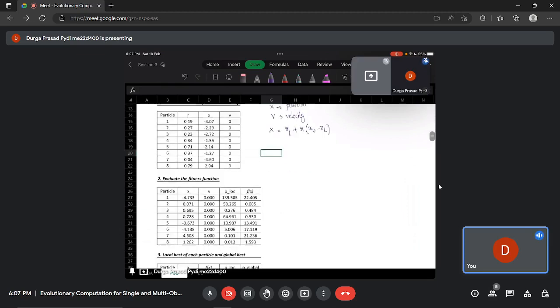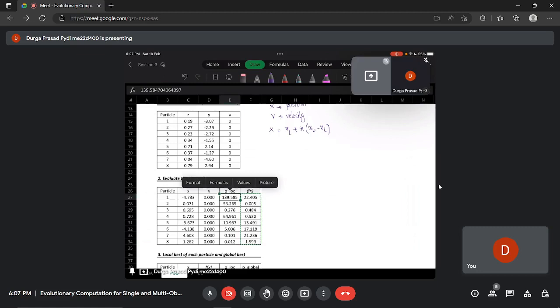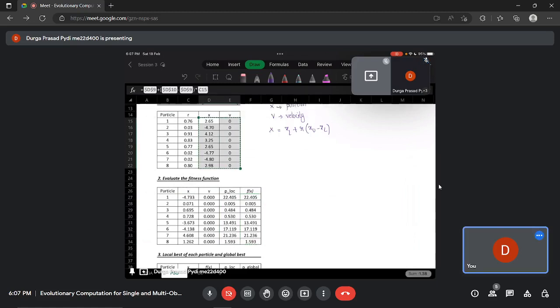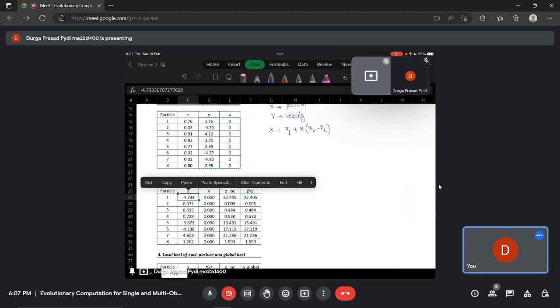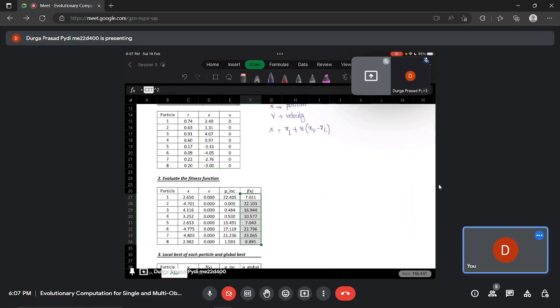So the next step is to evaluate the fitness functions. We take these values of x and v, and we initialize our population. This p local I have denoted by p underscore LOC.